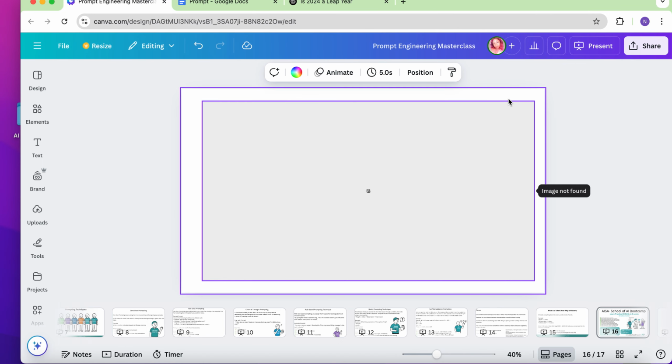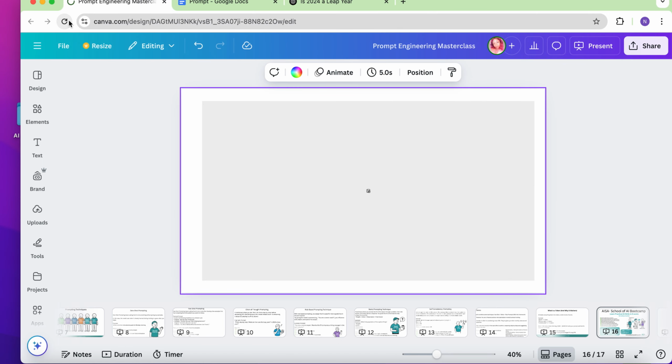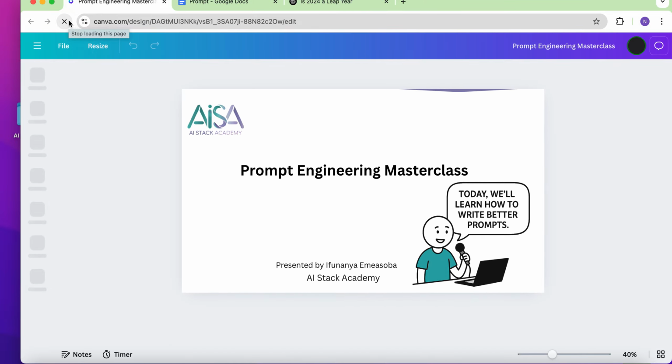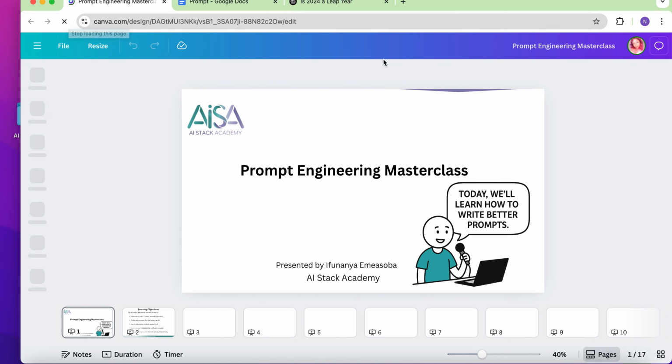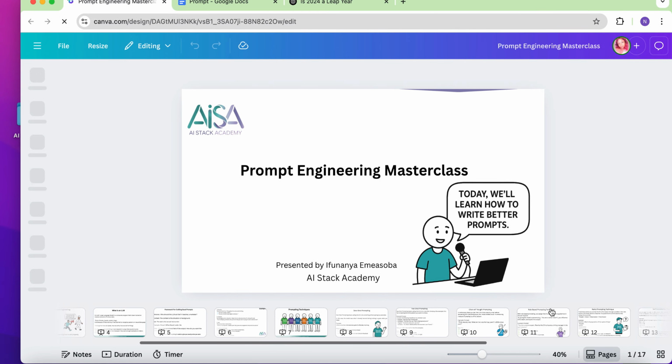Everything we have covered today, unfortunately, I don't know why, but my images aren't showing. So everything we have done today is, let me reload this.